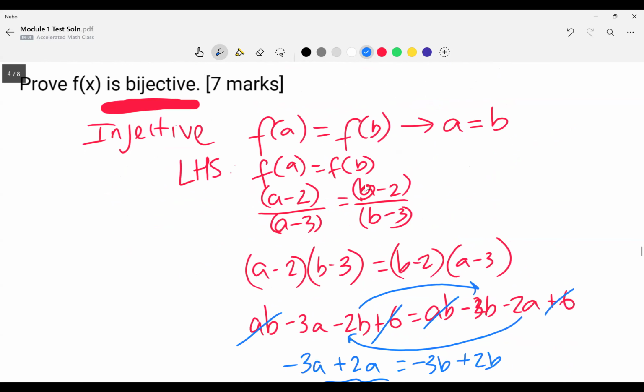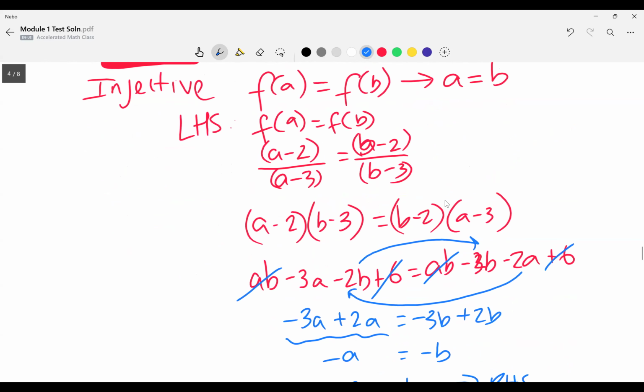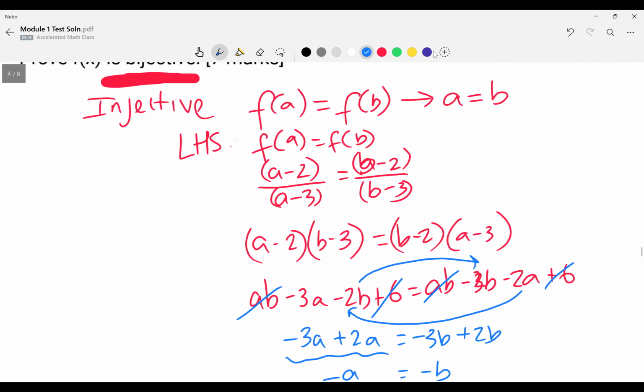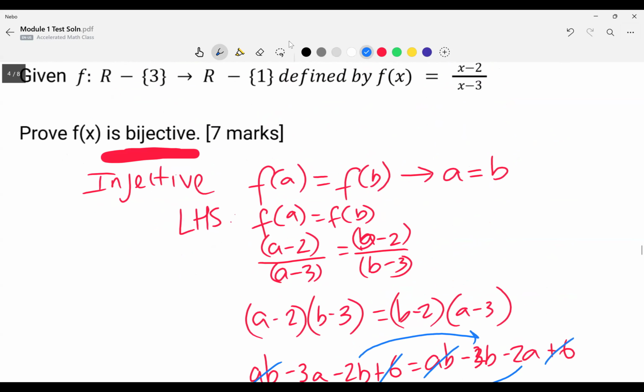Any confusion about that part? No confusion. Okay. The next part is to prove surjective.